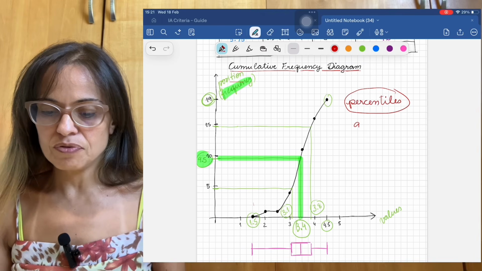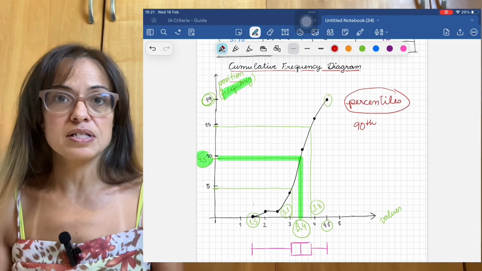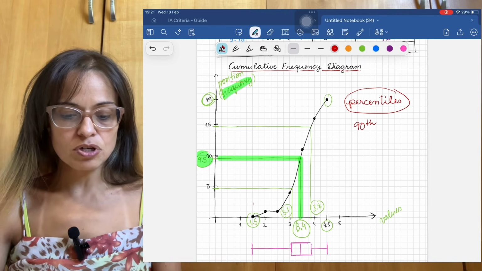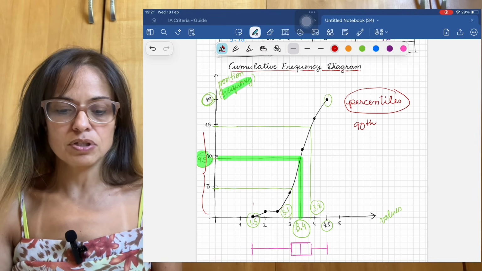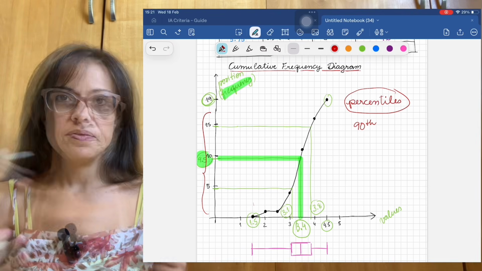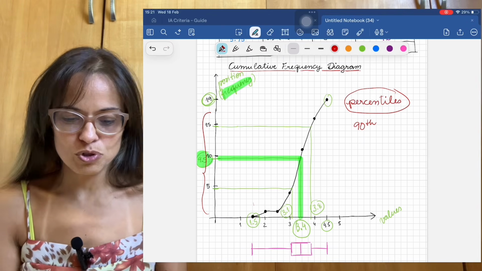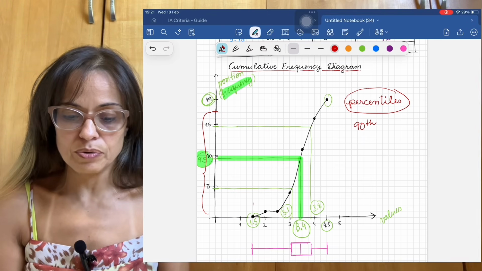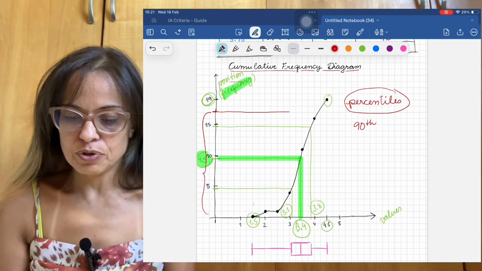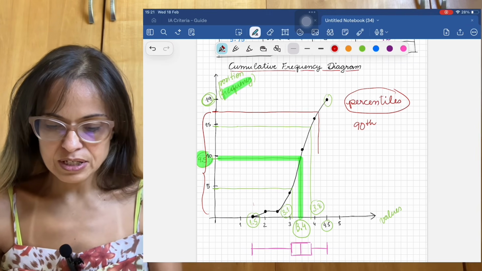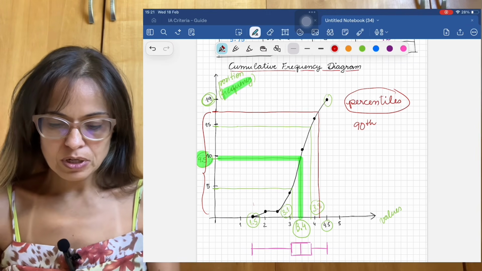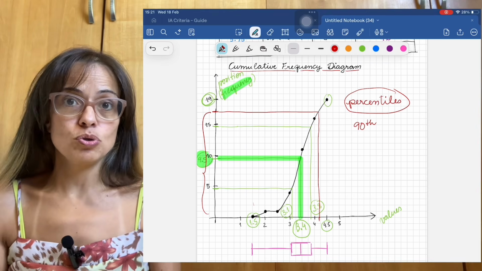So for example, if they ask for the 90th percentile, it is after 90% of the numbers have already passed. In this example, 10% of 19 is almost 2, so it would be somewhere around here. The 90th percentile of this data set would be something like 4.2.